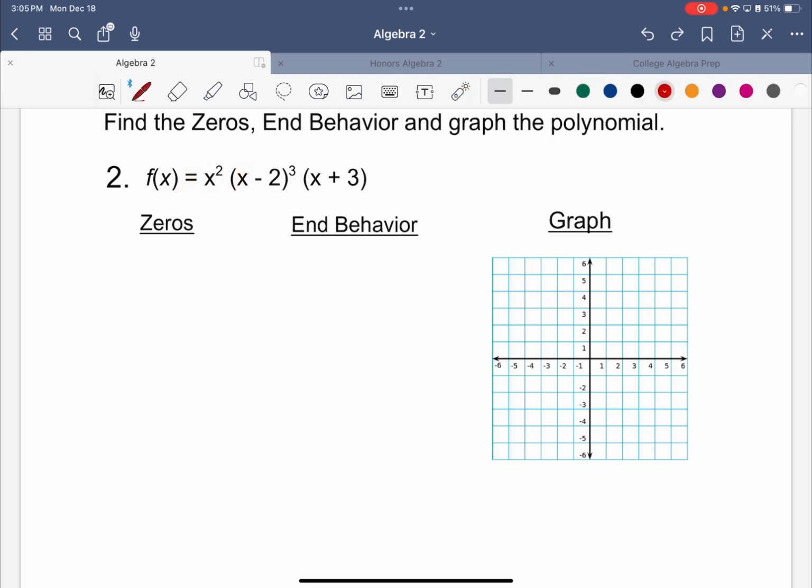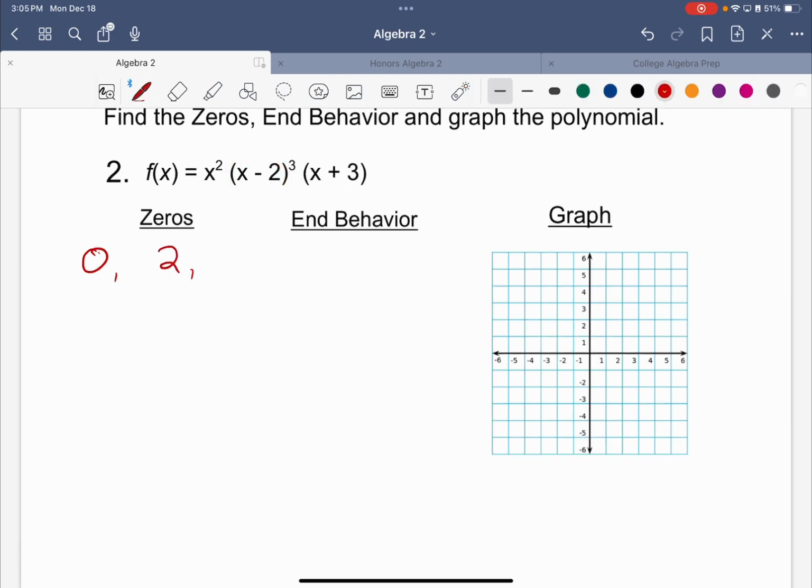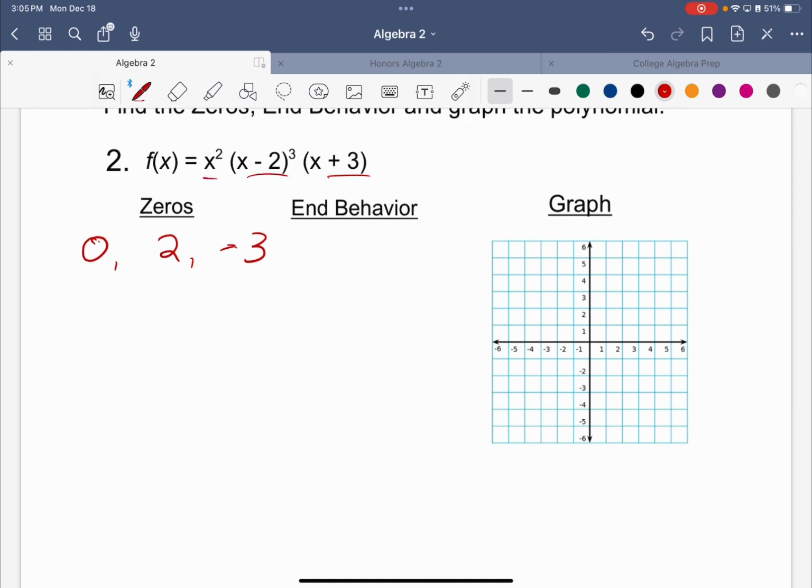So one of my zeros is 0. x minus 2 equals 0, so my next one is 2. And my last one is negative 3. Everybody knows how we got those, right? We just set each of these individual pieces equal to 0 and solved.